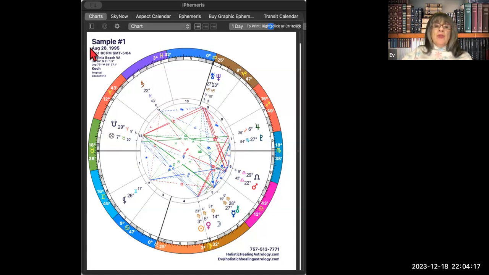And remember, when you put in the information, you need a date of birth, has to be accurate, a time of birth, and that particular time must not be the time zone, because then it might be off by 4 or 5 hours, but this is local mean time. Local mean time is very important.